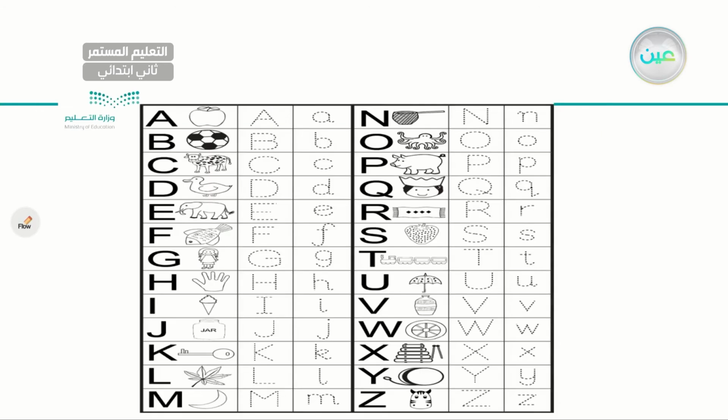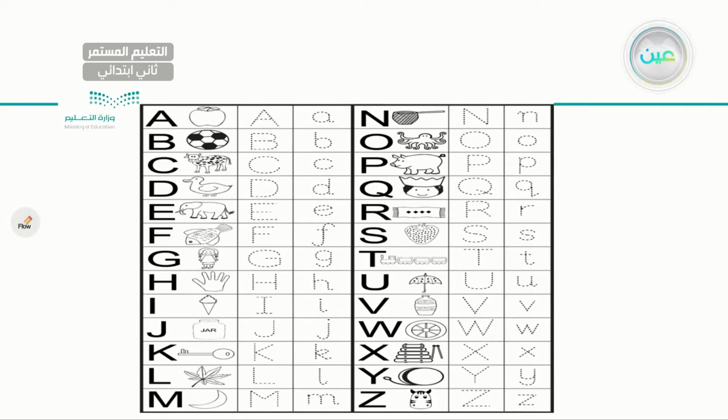Okay, now what I need you to do, my dear student, is go ahead online and try to find a similar paper as this one, or perhaps use your books to write down all the letters, in capital or small. How to write a letter is very important.